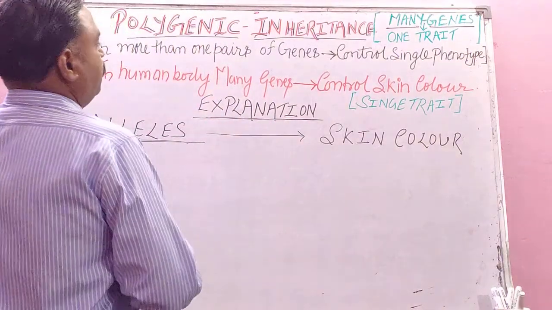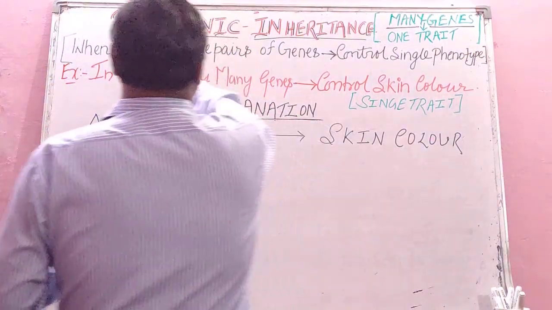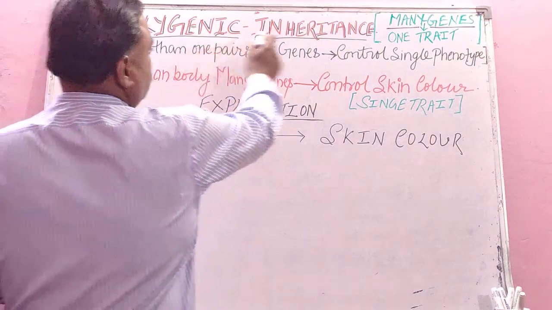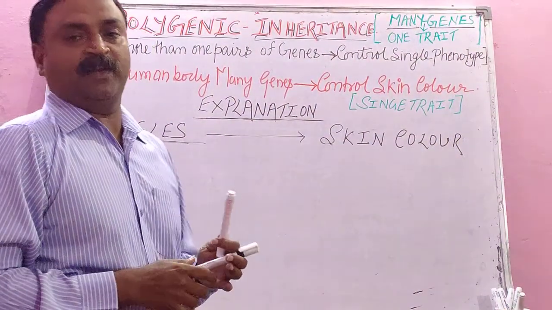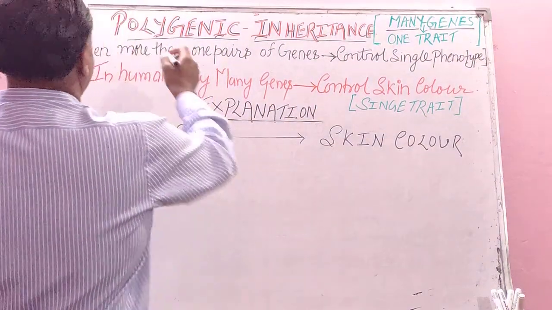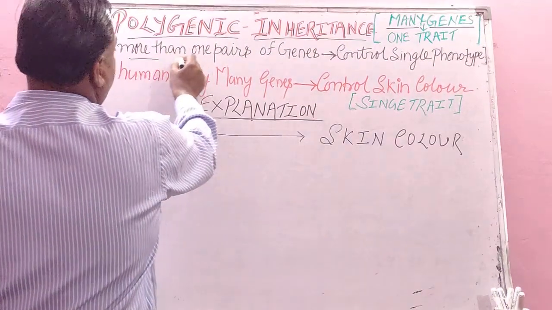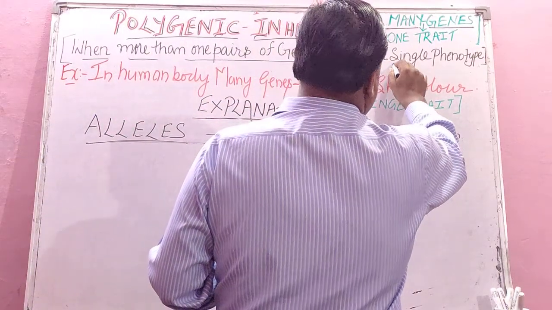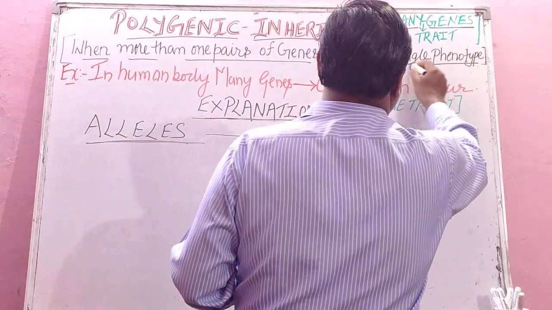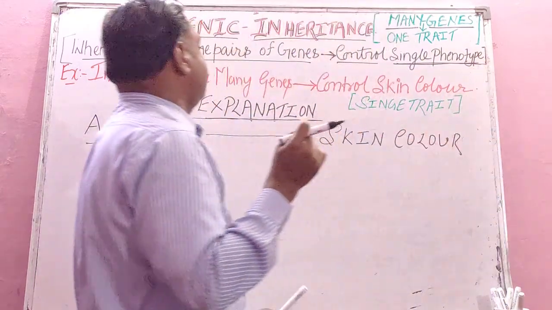Polygenic inheritance meaning is, student, poly means many genes and a single trait. But what is the definition? Definition means when more than one pair of genes controls or affects a single phenotype. Phenotype means, student, trait.